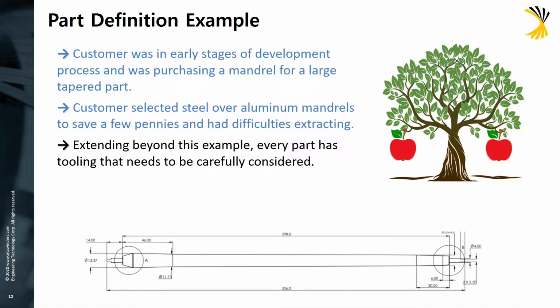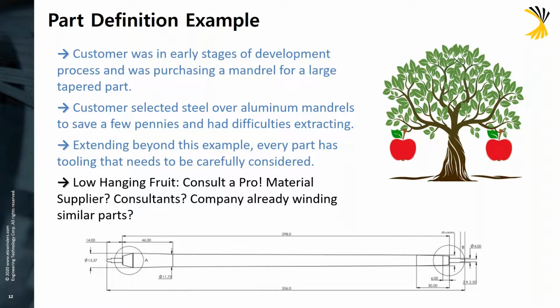Extending beyond this example, every part has tooling, and it needs to be carefully considered. And in the example that we are going to give of the Type 4 pressure vessel, the liners can be as complicated, if not more complicated, than the actual composite part itself, and they can have really big impacts on the overall performance.